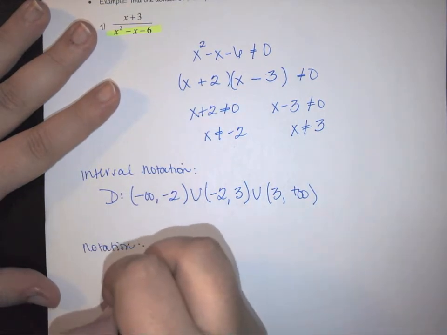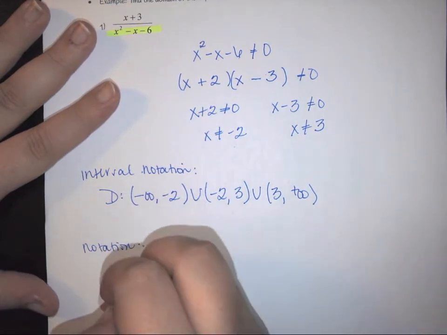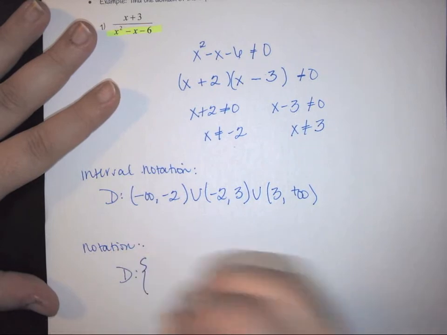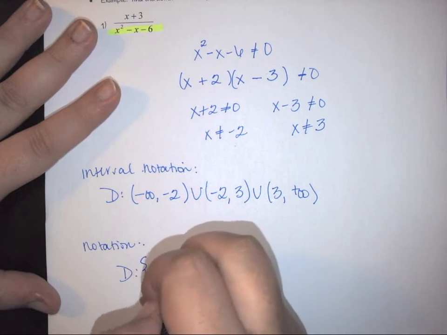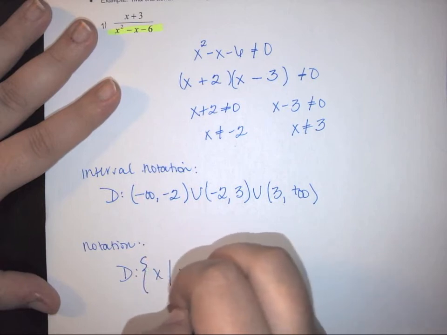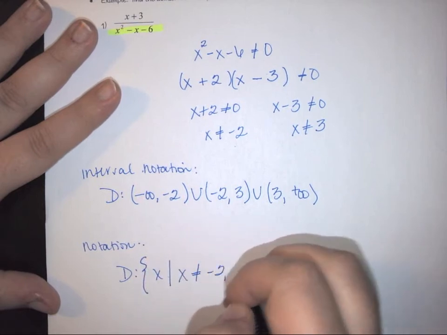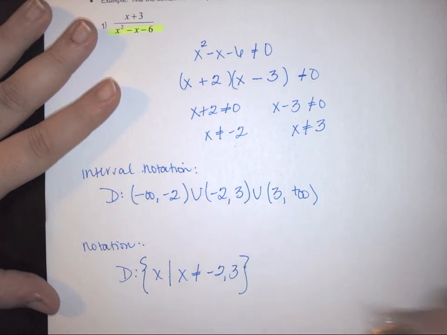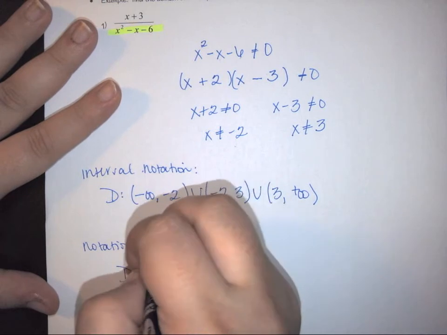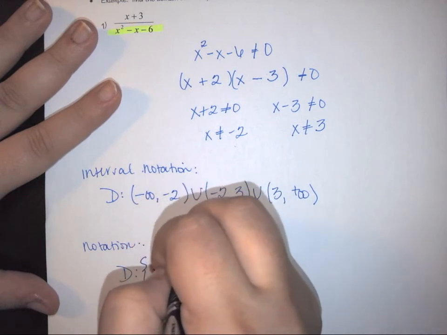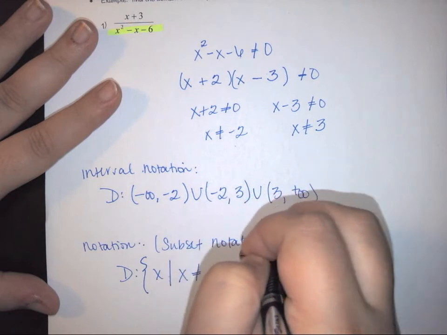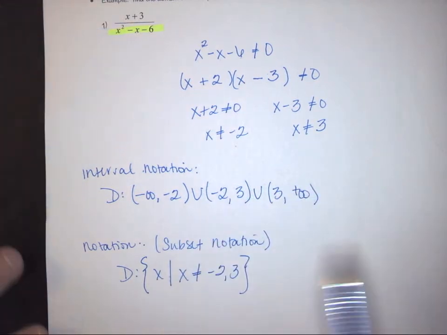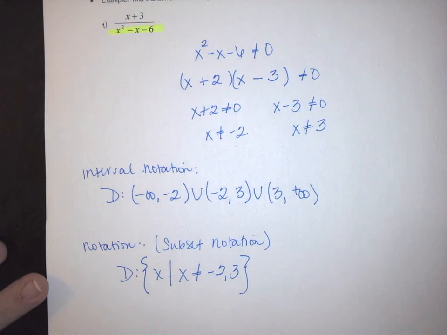So here you have that D is, you're going to open a bracket, and we're going to say x such that x can't be negative 2 or 3, and we're going to close it. So this is a subset. So essentially what we're talking about is subset notation. And that would be the second way you could use it.